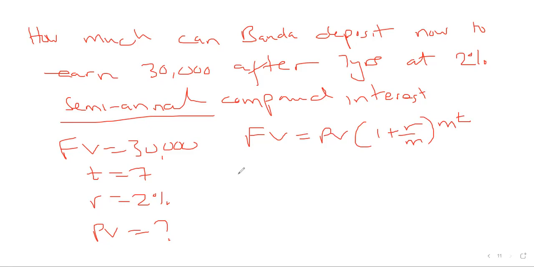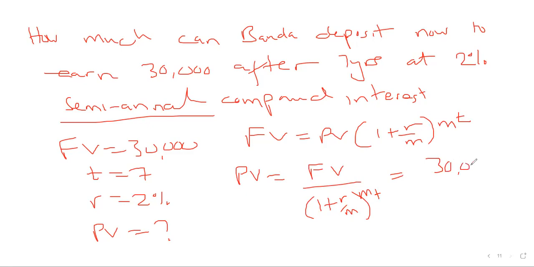If you want, you can make the present value the subject. So this is the same as future value divided by 1 plus r over m, to the power mt. Everything is coming from the foundation of what we started with. So 30,000 here, the interest rate, 1 plus our r, which is 0.02 over 2, and the time is what? 7 years.